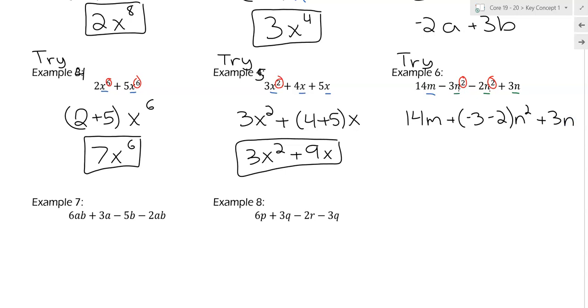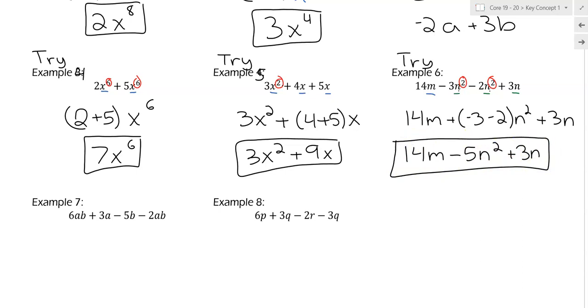So this one we have to be very careful with. So now I have 14m. Negative 3 and negative 2 is negative 5. So you should get 14m minus 5n squared plus 3n.